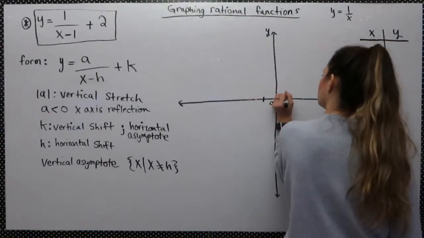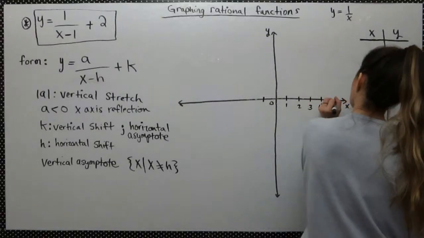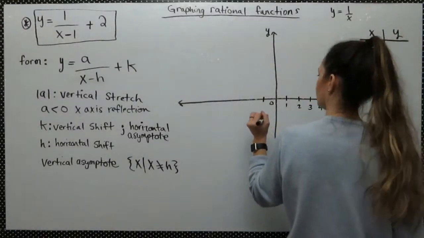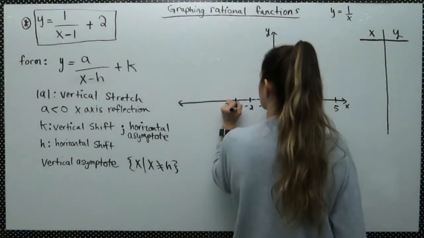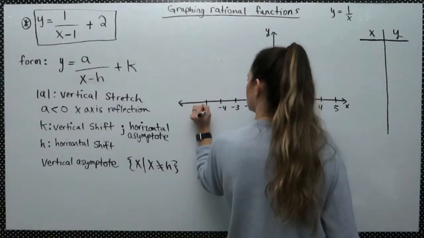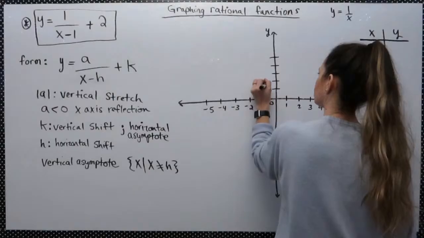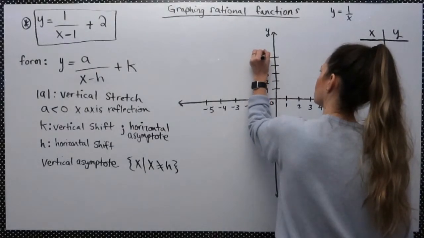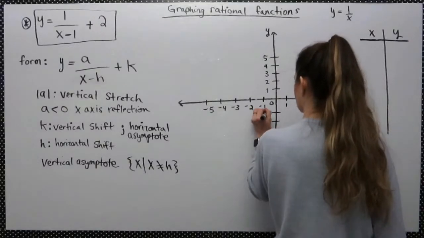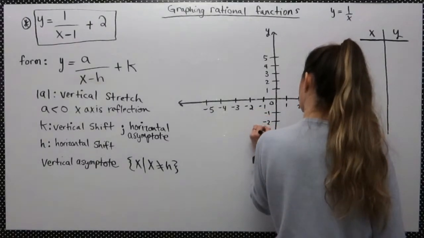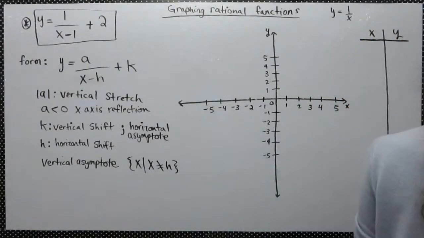So let's see how far we'll go. 1, 2, 3, 4, 5, -1, -2, -3, -4, -5. Okay, so that'll be good for now.